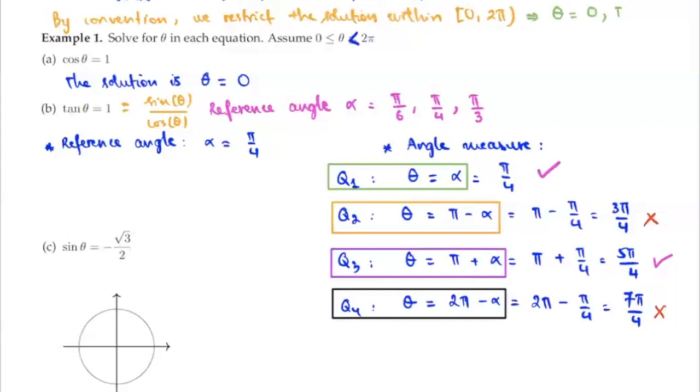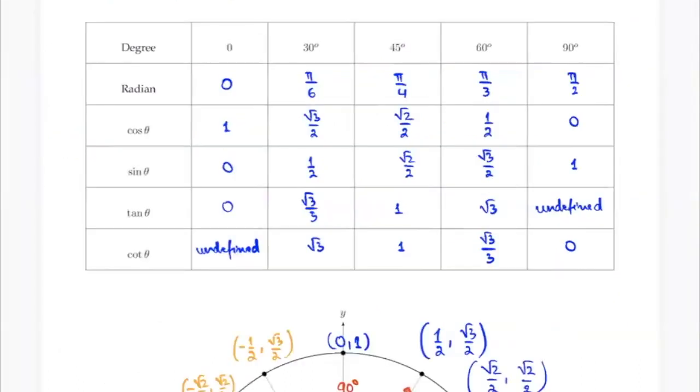So you have something related to root 3 over 2. Remember all the techniques that I showed you in class, but also let's go back to the unit circle and try to identify the reference angle. Sine of theta equal to negative root 3 over 2. When you look at this table, you don't see a negative value at all, but you see root 3 over 2 related back to sine of theta.